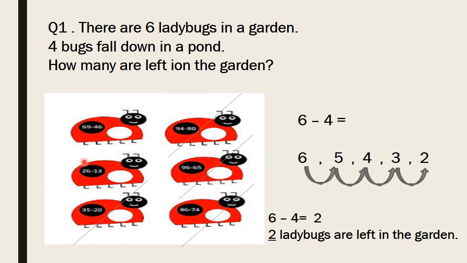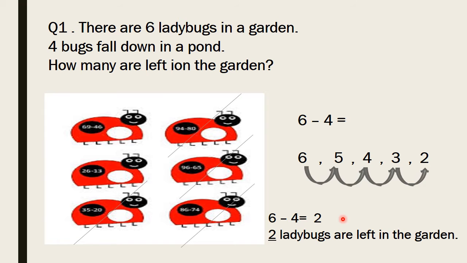So how many are left? 1 and 2. So my answer is 2 ladybugs are left in the garden. Now here what I have done, I have used a picture. You can also use your fingers. Open 6 fingers and close 4 fingers. So how many fingers are still open? 2 fingers are still open. This means my answer is 2. 6 minus 4 equals 2.